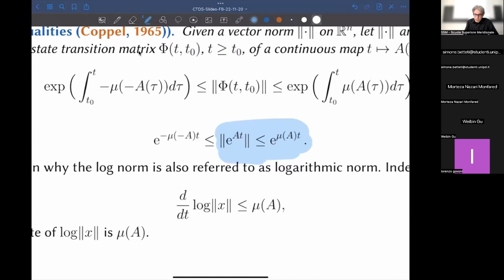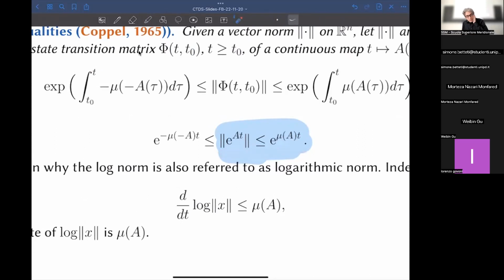If you compute the matrix exponential e to the At, I'm now assuming you know what the matrix exponential is, I apologize, I've used this knowledge. The matrix induced norm of the matrix exponential of A at time t is upper bounded by the exponential of mu of A times t. So this we actually already proved. I am just rewriting something that we have already proved.